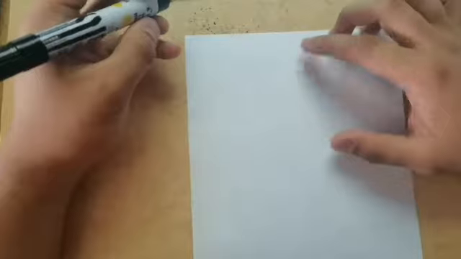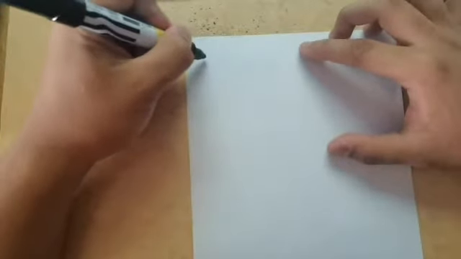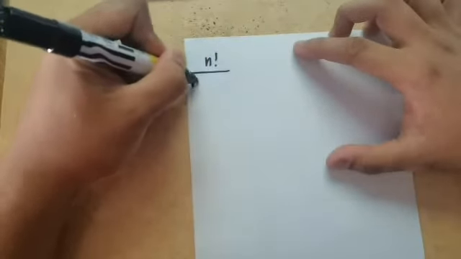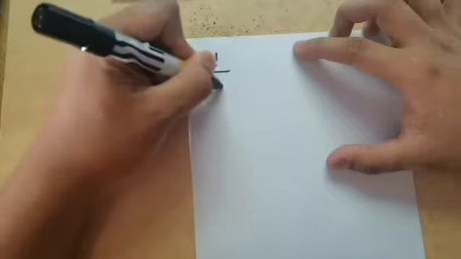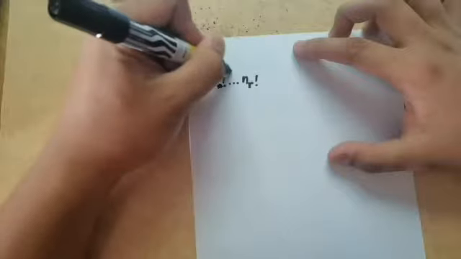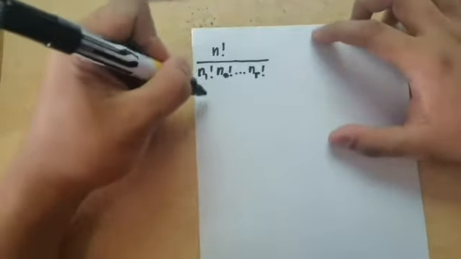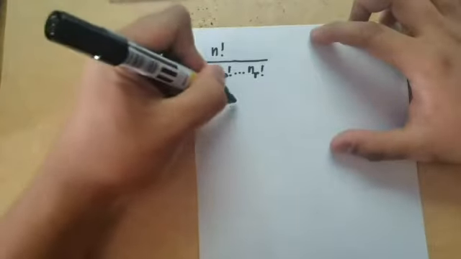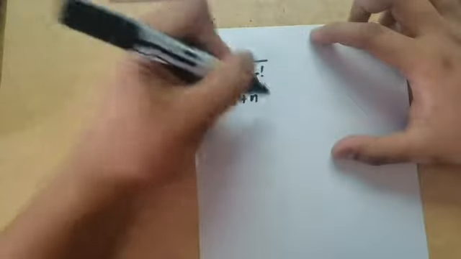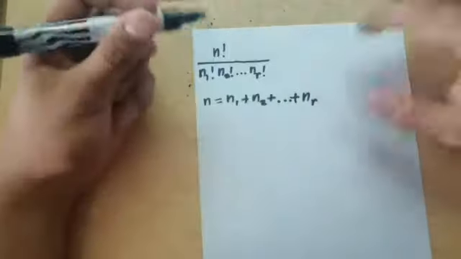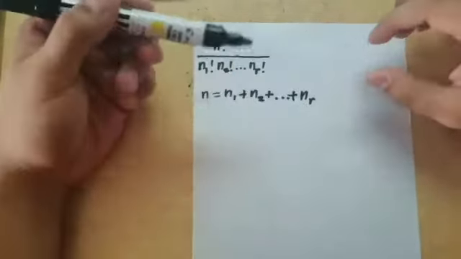To solve this, the formula we're going to use is n factorial over n1 factorial times n2 factorial, and so on, where n is the sum of n sub 1 plus n sub 2 up to n sub r. R is just the last number.